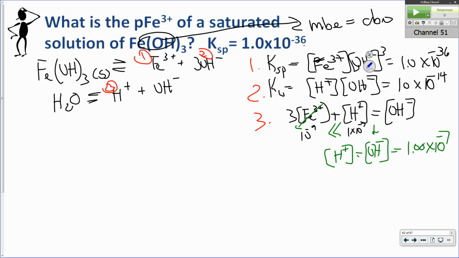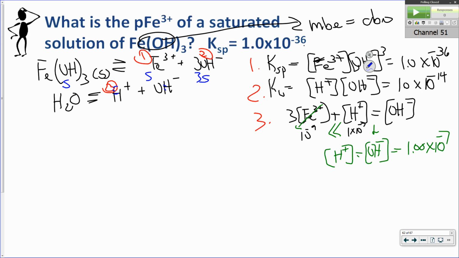So if I look at the relationship, if this was solubility, this was solubility, this was 3 times solubility, I need a relationship between the iron and the OH minus.